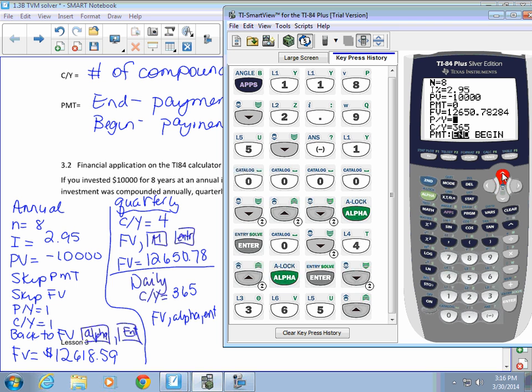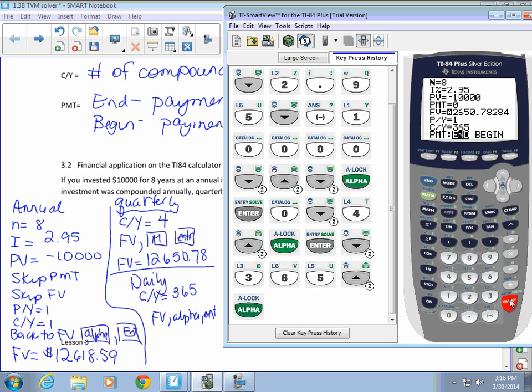Go back up to future value, alpha, enter, and I get $12,661.62. So it makes a difference if you're calculating your interest, especially when it's being compounded daily.